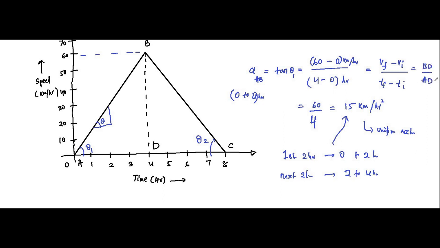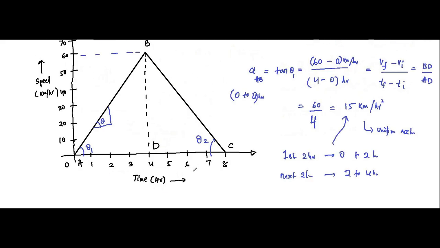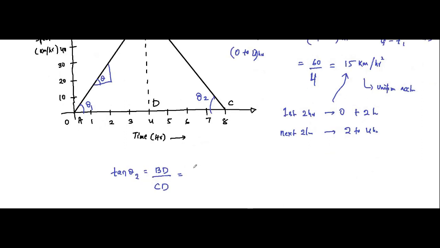Here also tan theta 2, which is BD by CD, if we express it in final and initial velocities and time, the final velocity is 0 kilometer per hour, initial is 60 at the start, divided by final time 8 minus initial time 4.